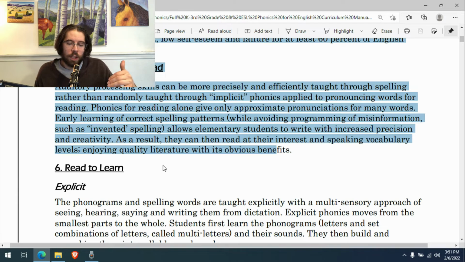Early learning of correct spelling patterns while avoiding programming of misinformation, such as invented spelling, allows elementary students to write with increased precision and creativity. As a result, they can then read at their interest and speaking vocabulary levels, enjoying quality literature with its obvious benefits. And yeah, again, that makes a lot of sense.